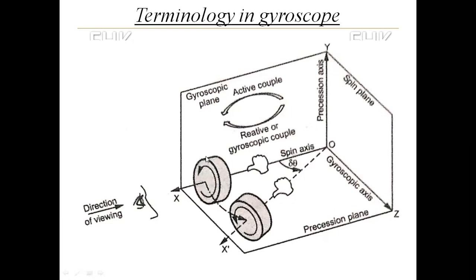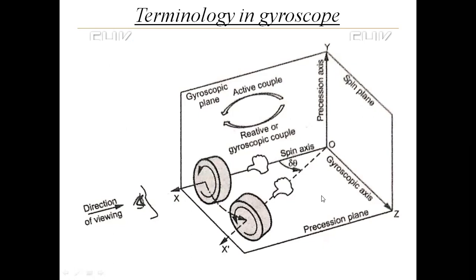The plane in which you can see the actual rotation of the rotor is called the spin plane. The spin axis turns around the vertical axis OY. That rotation you can see from the top view, and the plane in which you can see the actual turning of that rotor is called the precession plane, which is perpendicular to the spin plane.